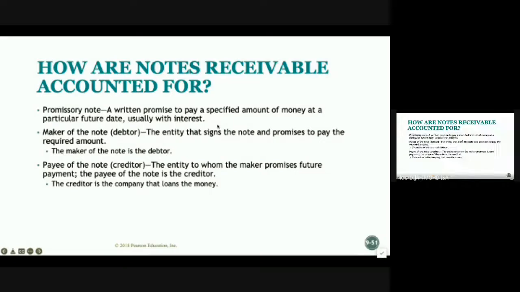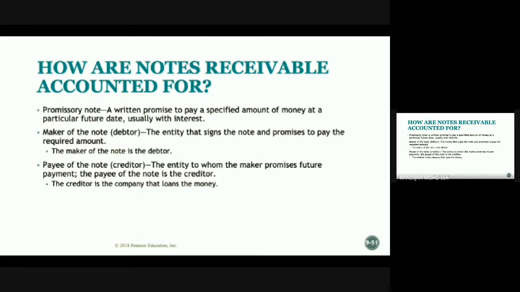It's a written promise to pay a specified amount of money at a particular future date, usually with an interest. The maker of the note, which is the debtor, signed the note and promised to pay the required amount. The payee of the note is the creditor, the entity to whom the maker promised future payment.